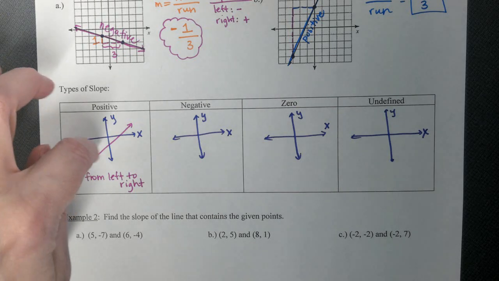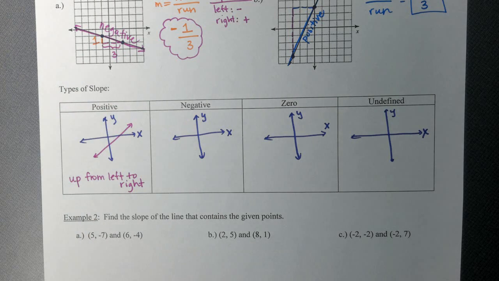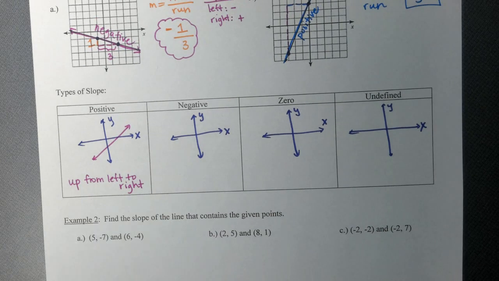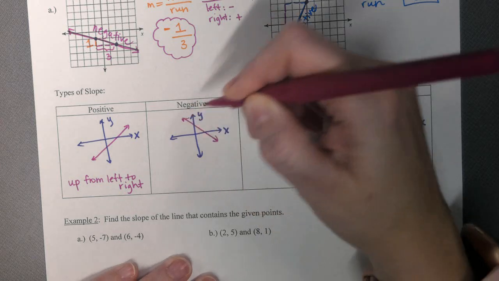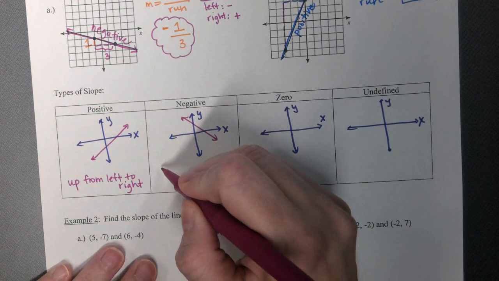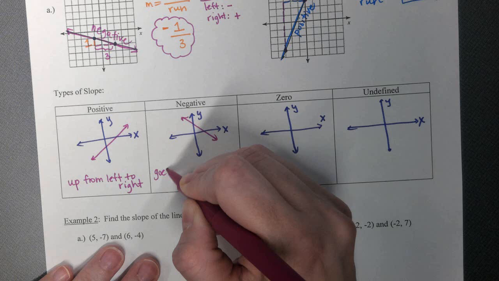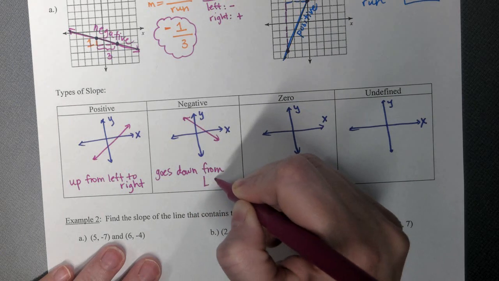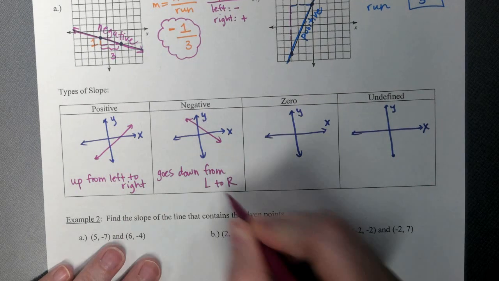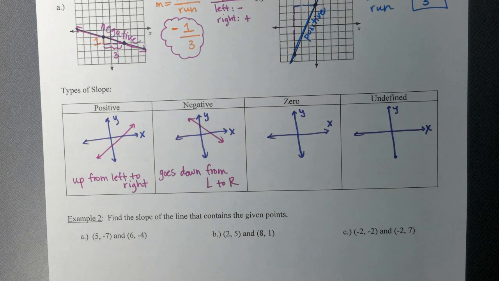If the roller coaster is going up the hill, it's going to be positive. Okay, if it's negative, then it's going down the roller coaster hill. And then I'm just going to put L to R since we already said the left to right there. So it goes down from left to right.